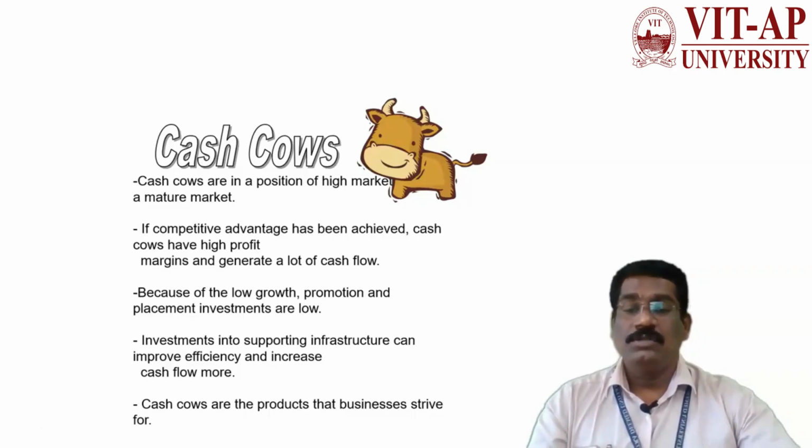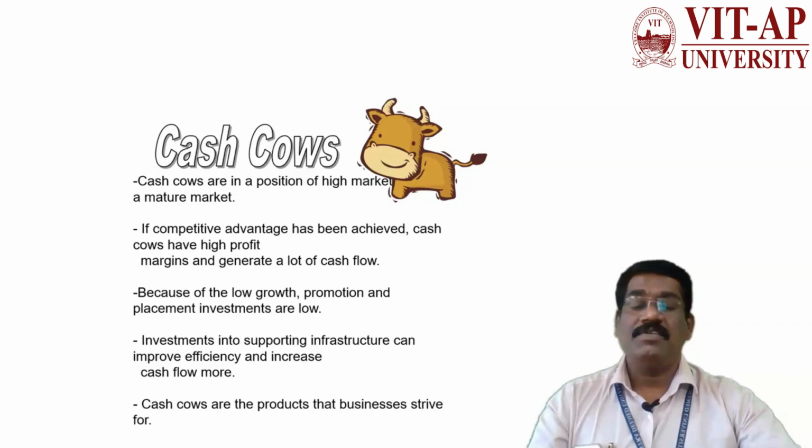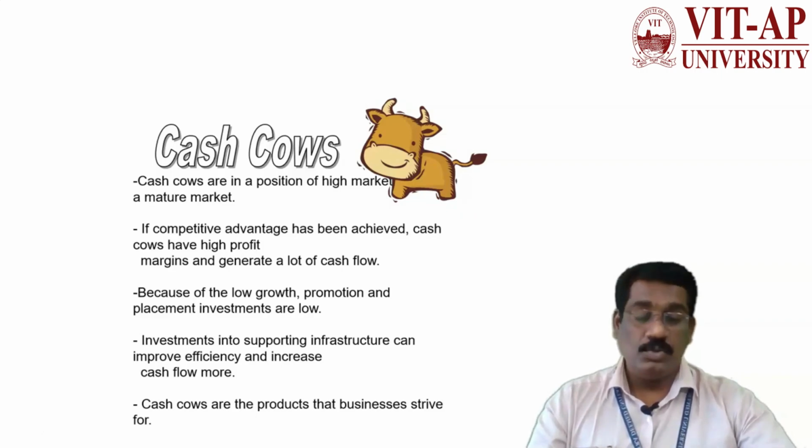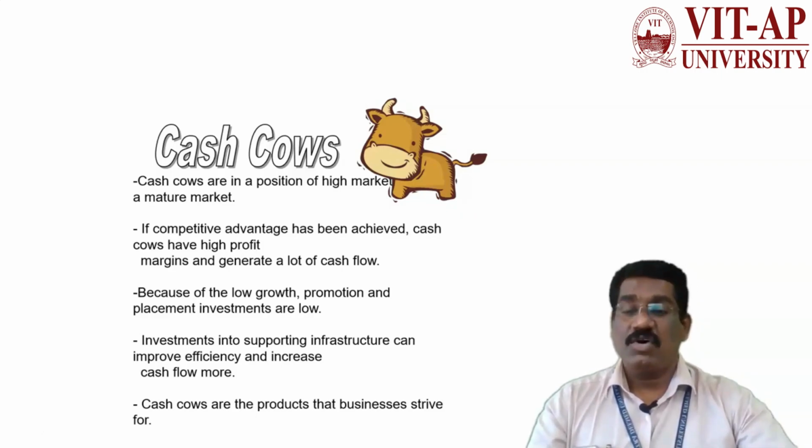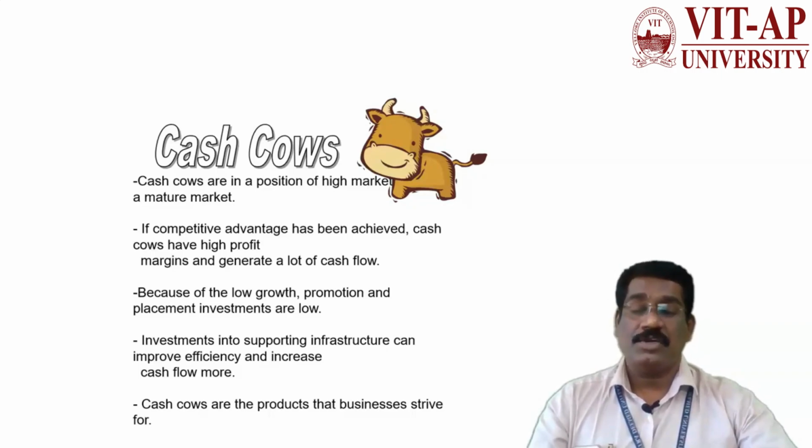Because of the low growth, we don't need to invest in promotion and placement, so the investments are naturally low. Investments in supporting infrastructure can improve efficiency and increase cash flow even more. So cash cows are the products that businesses strive for, because we can milk more money out of this product line.